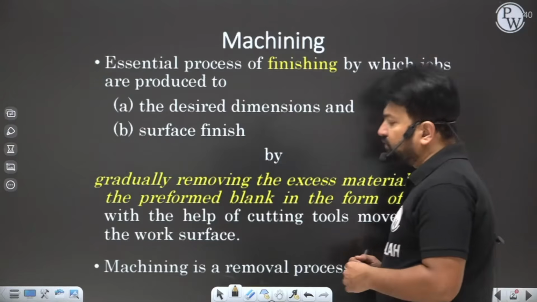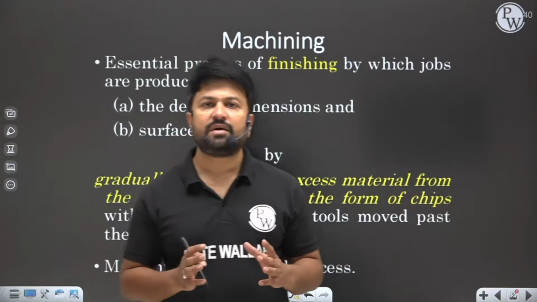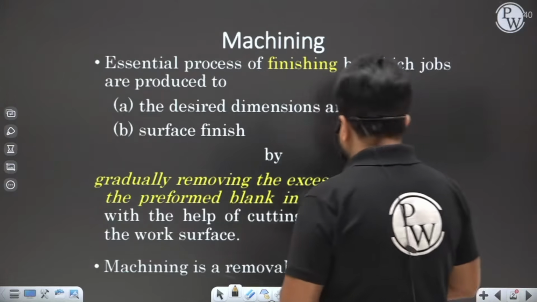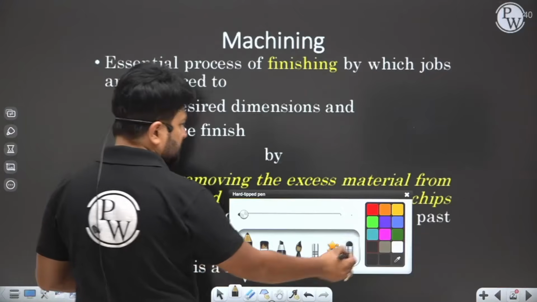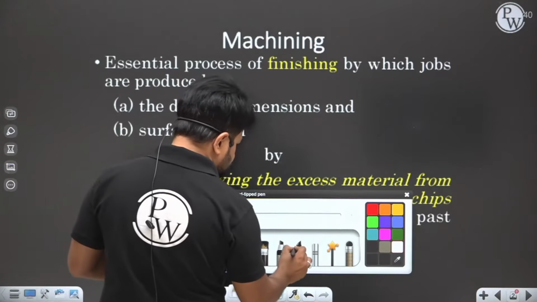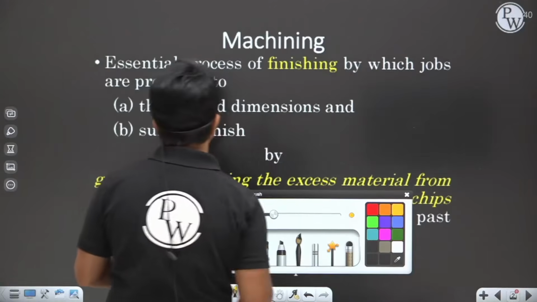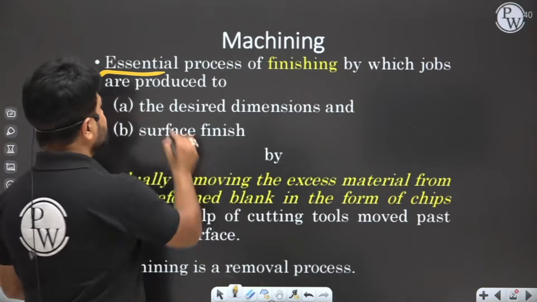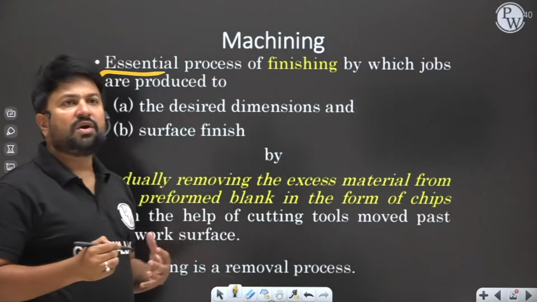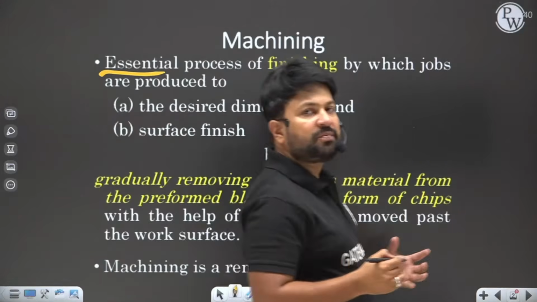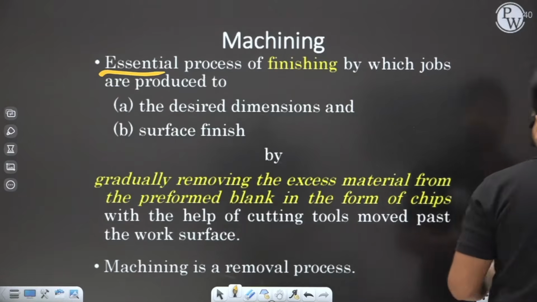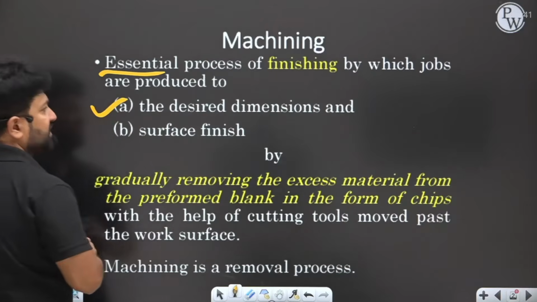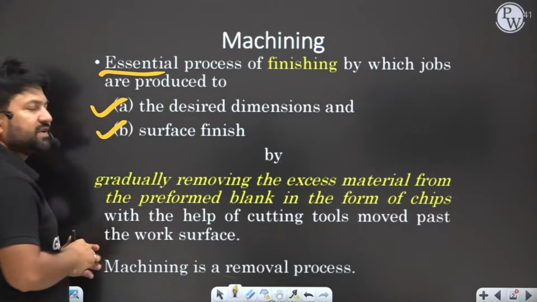My dear student, first of all you have to understand what you mean by machining. Machining is an essential process of finishing, by which jobs are produced to the desired dimension and the desired surface finish.